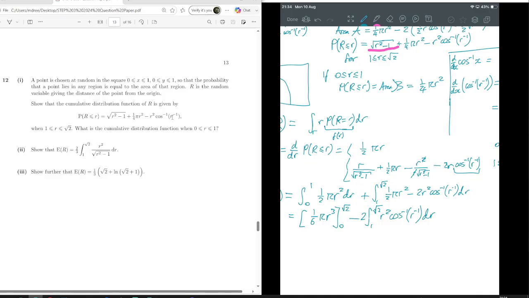The other issue is this is an additional term. We're adding something on here, but the E(r) term isn't adding something on. It's an extra multiplying factor, a 2/3 multiplying. And that term at the front certainly isn't 0.